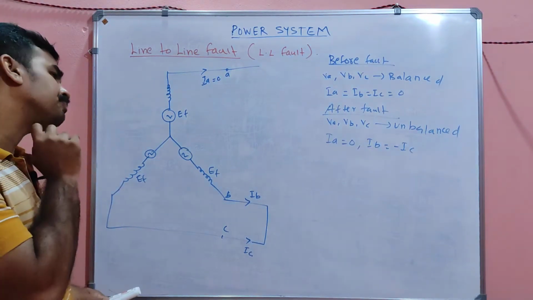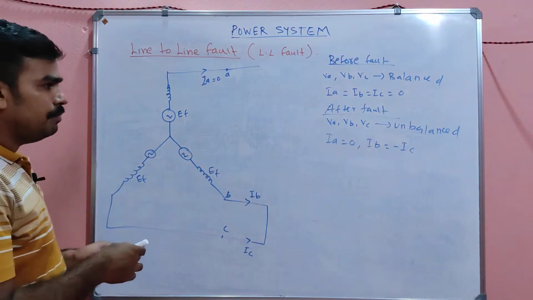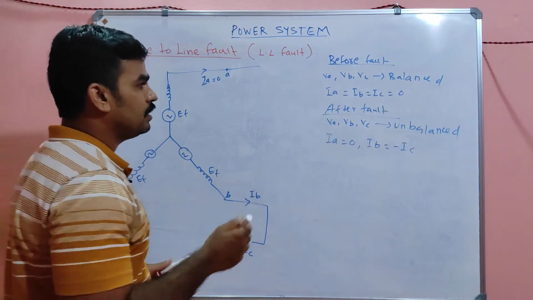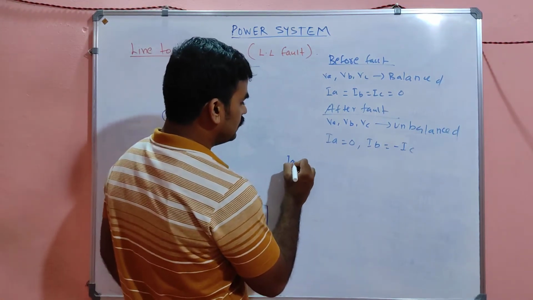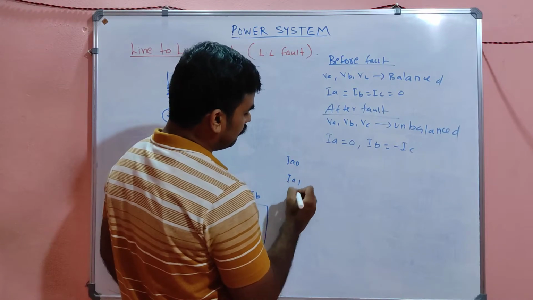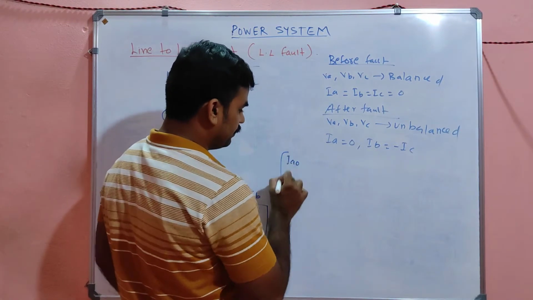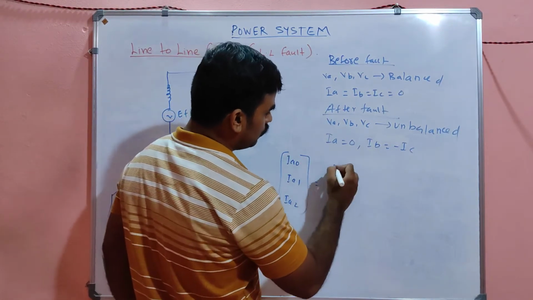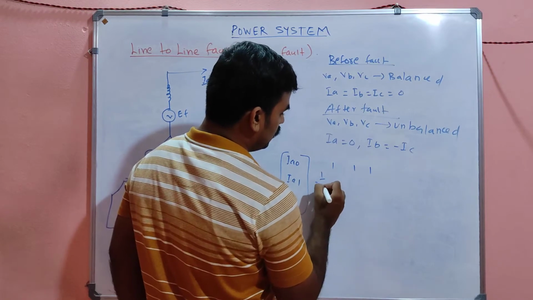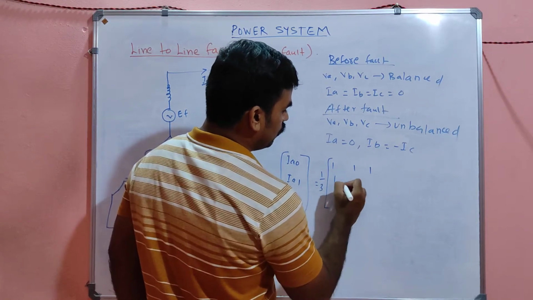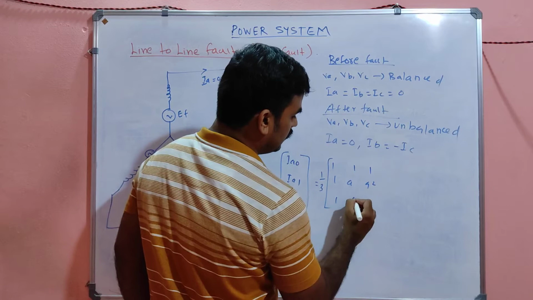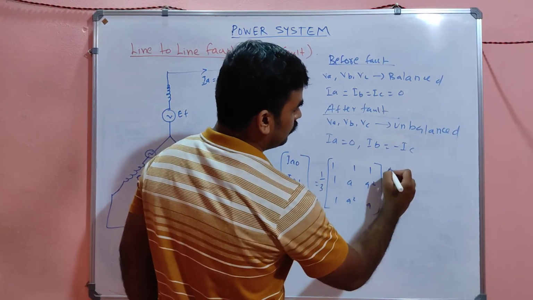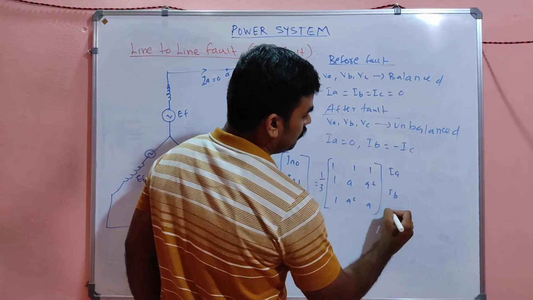Okay, correct. So what will be our symmetrical components? We have IA0, IA1 and IA2, which is nothing but 1 by 3 into the matrix 1 1 1, 1 A A square, 1 A square A, into IA, IB and IC.